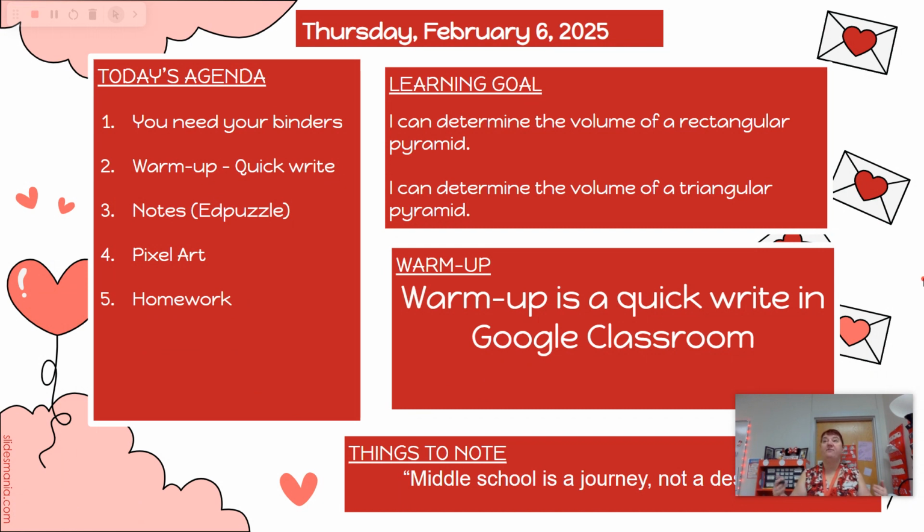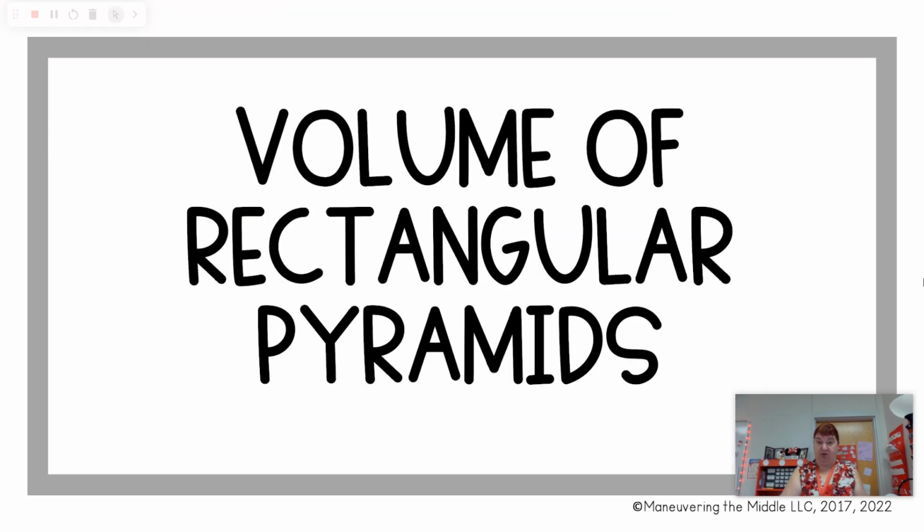Okay, so we've already been working on volume, and we've done volume of prisms. Now we're going to do the volume of a rectangular pyramid and the volume of a triangular pyramid. Let's start with the rectangular pyramid. Again, all of these things have a formula.